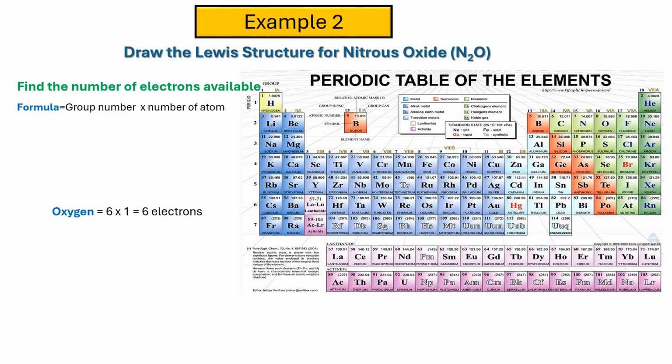We only have one oxygen, so 6 times 1 for 6 electrons. Nitrogen is in group 5A, so it's 5 times 2 because we have 2 nitrogens, to give us a total of 10 electrons for nitrogen. And when we add them together, the electrons provided by oxygen plus the electrons provided by nitrogen, we have a total of 16 electrons.